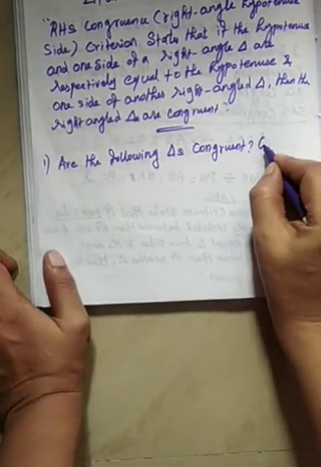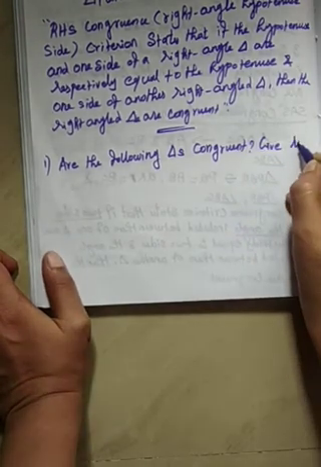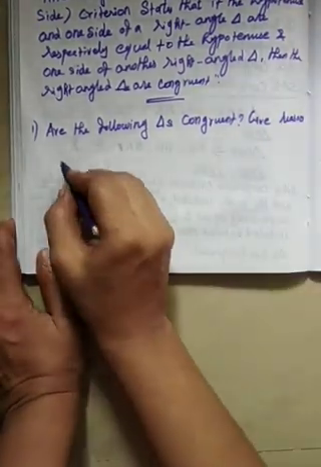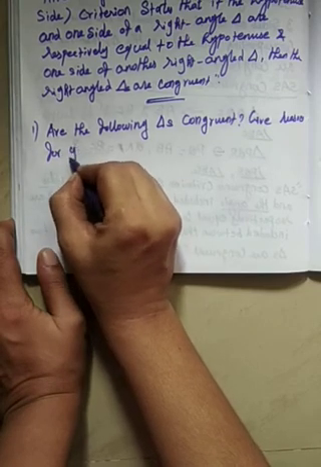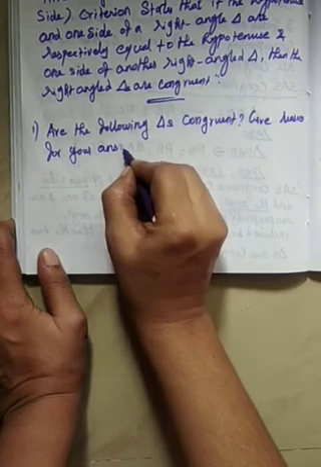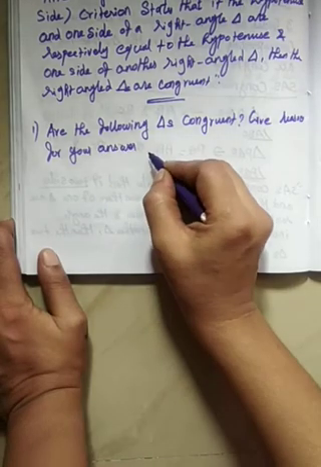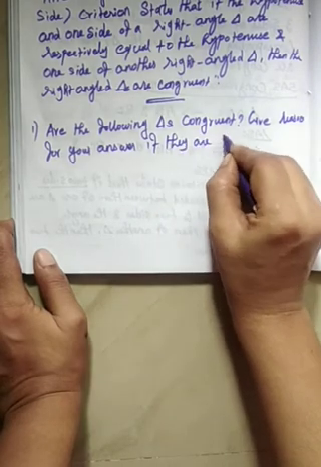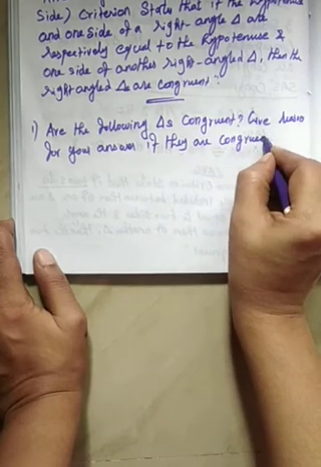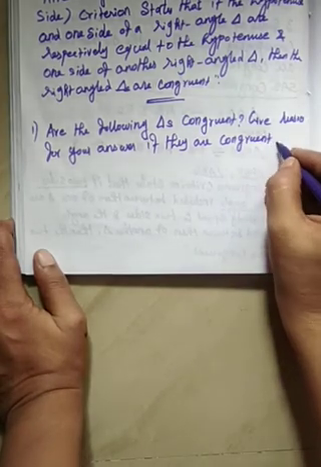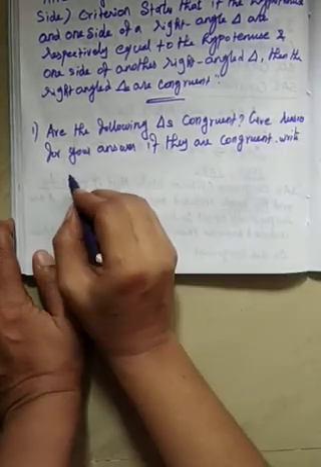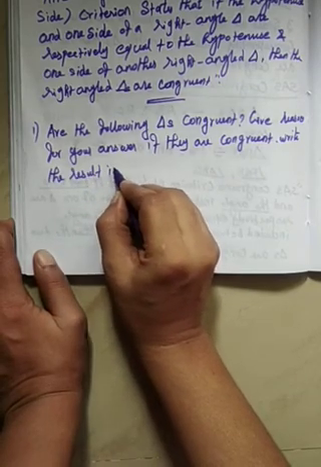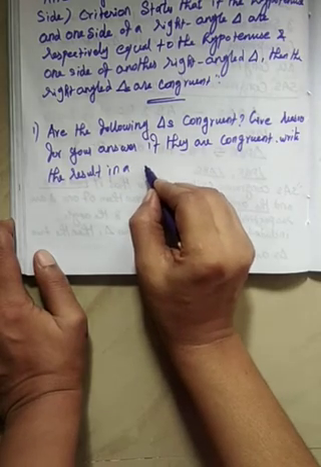Give reasons for your answer. If they are congruent, write the result in symbolic form.